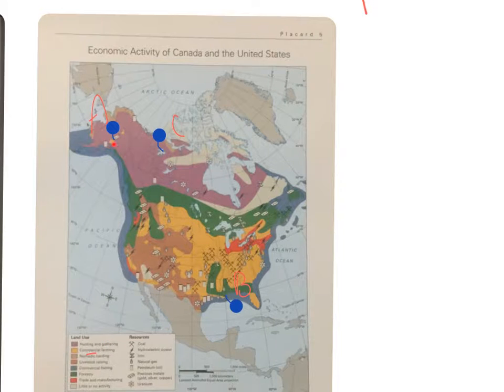But I'm also looking at my resource that's there, which is precious metal. And I'm going to note that. Location C is also in hunting and gathering, but I see no resources. And location B is in the middle of forestry with some natural gas nearby. So that's what I'm going to note in my graphic organizer.